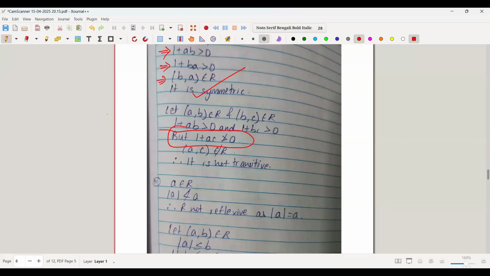There is an example. 1 plus 1/3 into 1/2 is greater than 0, 1 plus 1/2 into 1/4 is greater than 0, and 1 plus 1/3 into 1/4 is greater than 0. So this is not true.